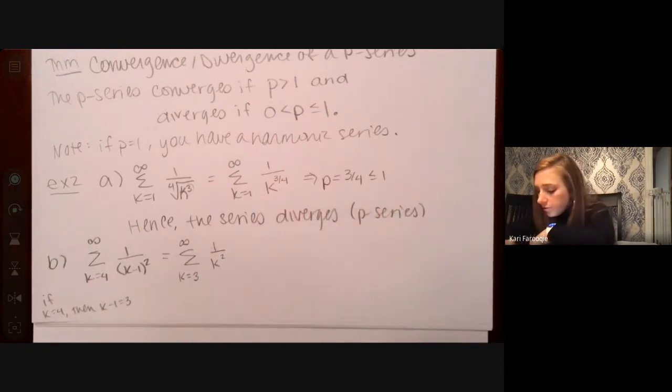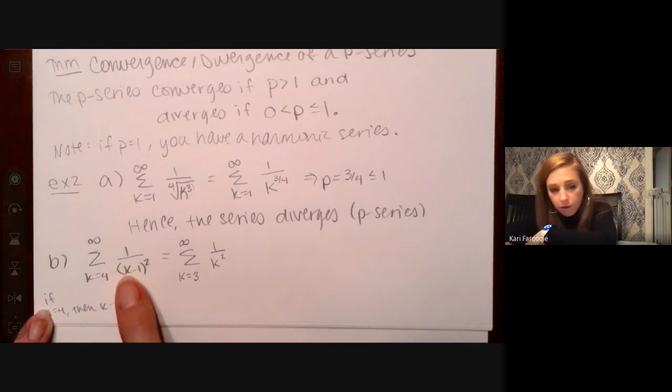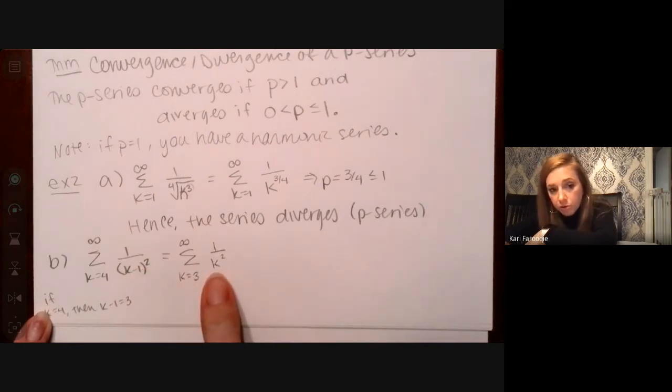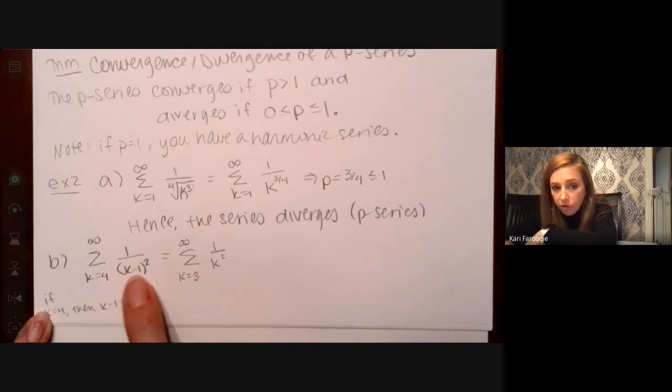And notice here that your first term would be in the denominator 4 minus 1 squared, which is going to be 3 squared. And here, again, your first term is going to be 3 squared. Your second term would be 5 minus 1 squared, which is 4 squared.